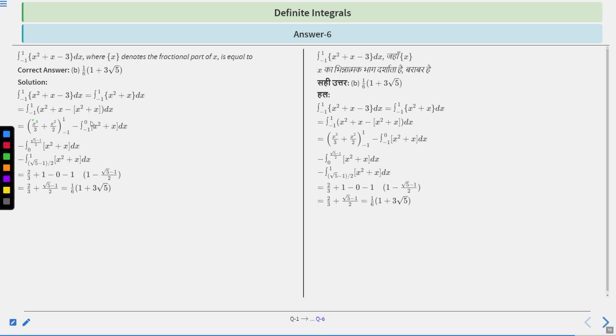minus the greatest integer function of x squared plus x. See, from where to where x squared plus x is giving us an integer, right?